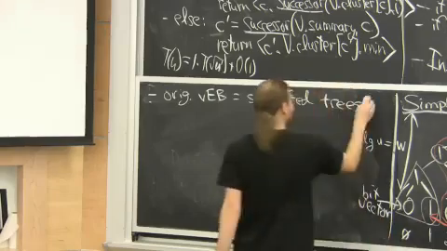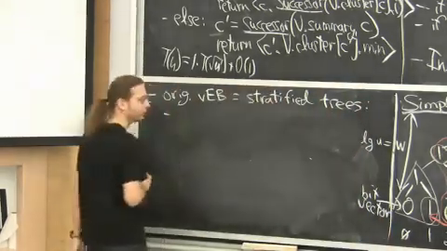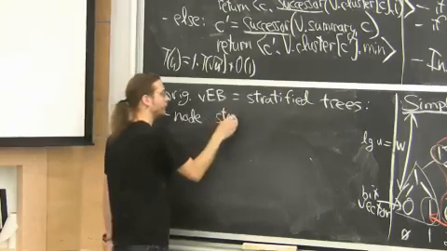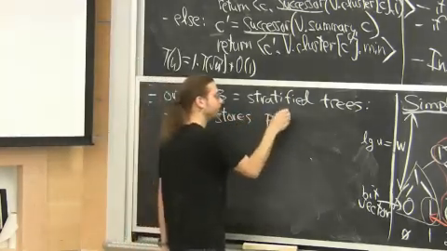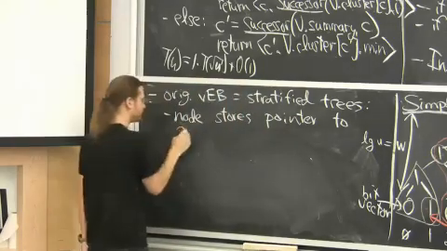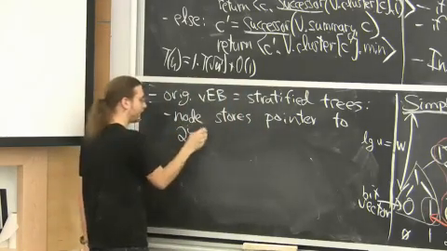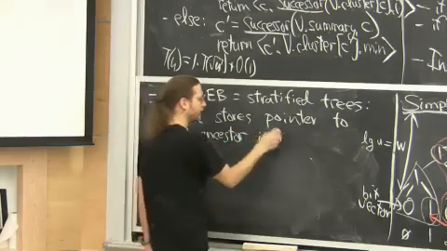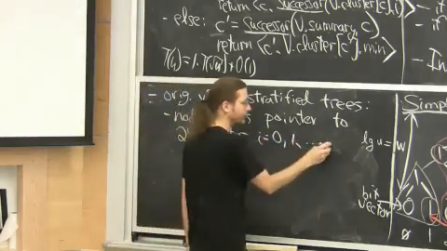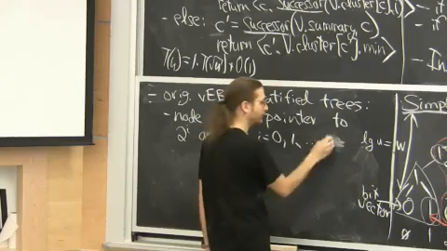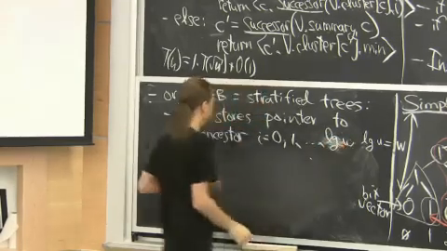So in particular, every node actually stores a pointer to the 2 to the ith ancestor, where i is 0, 1 up to, w, I guess? No, log w. Because there's the 2 to the here.